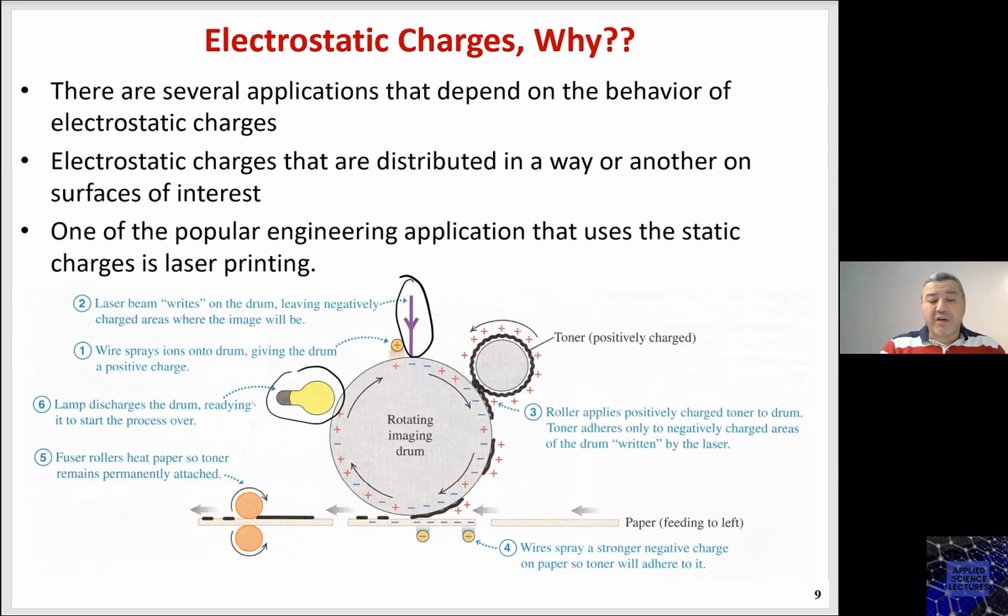And that's why when you print on a laser printer and the paper comes out of the printer, you will feel that it is hot. Why? Because it was cooked. This toner that was attracted and put on this paper is later heated up, such that the toner will be permanently fixed on that paper.